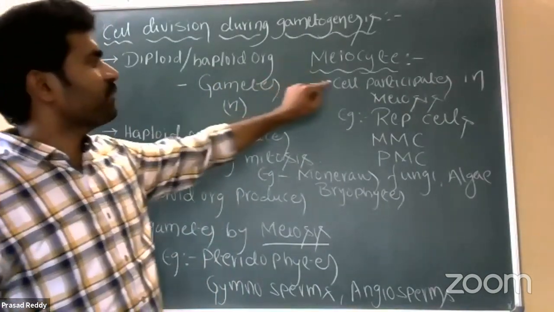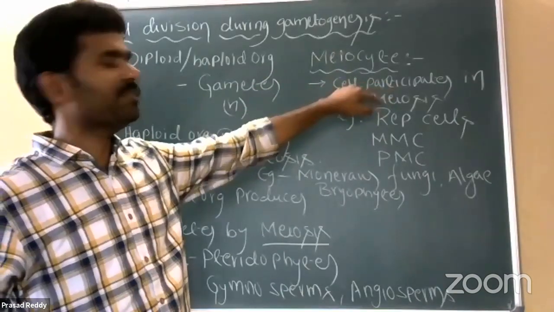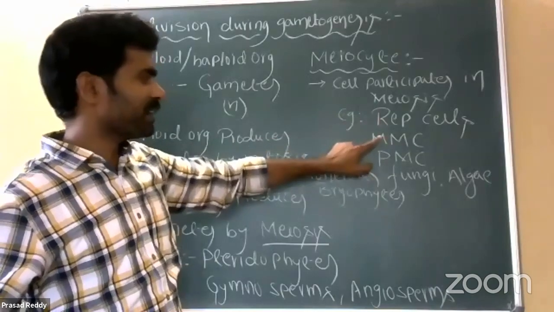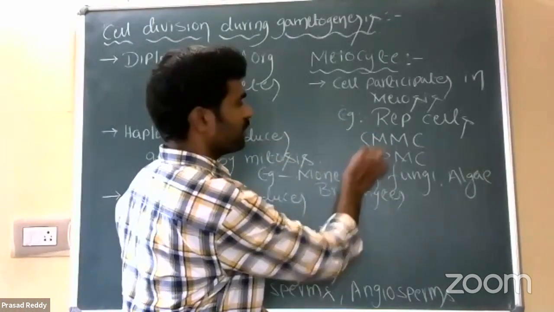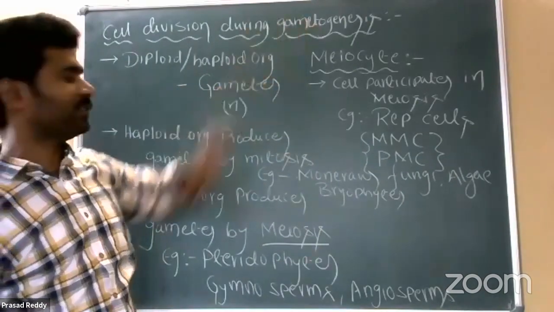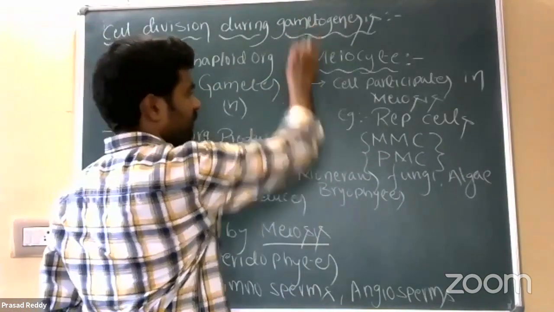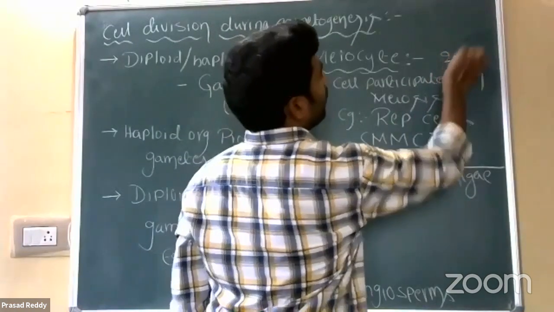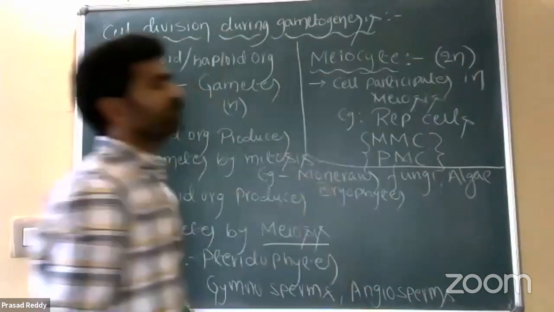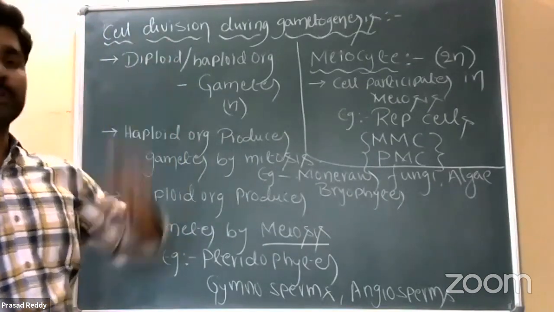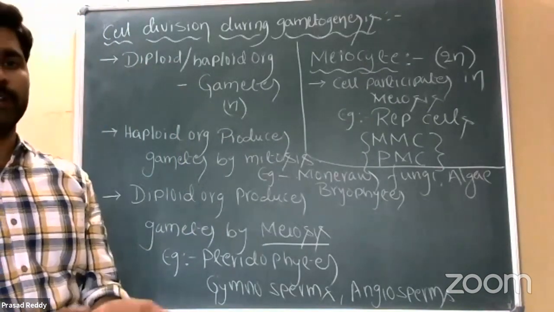So the definition for meiocyte: the cells which participate in meiosis division are called meiocytes. Both megaspore mother cells and pollen mother cells are considered meiocytes. Meiocytes are always diploid. Okay, the remaining information related to this we'll see in the next class.